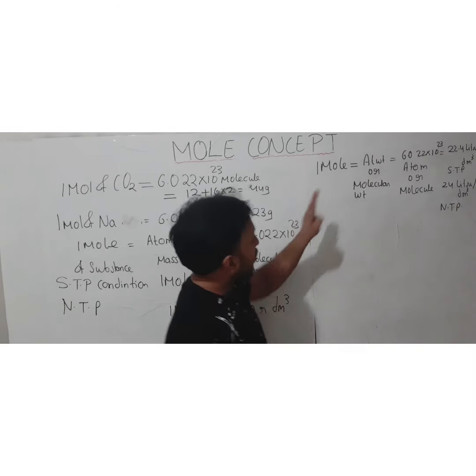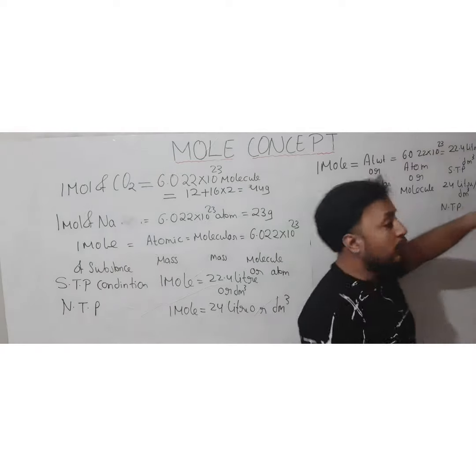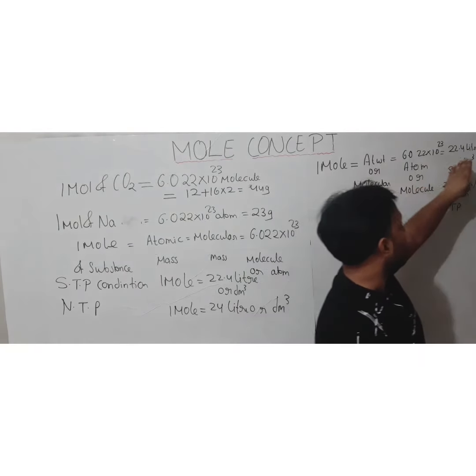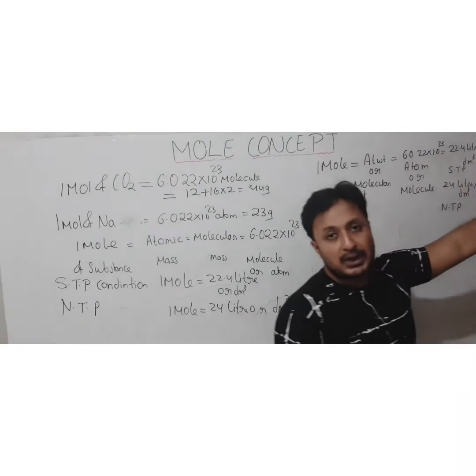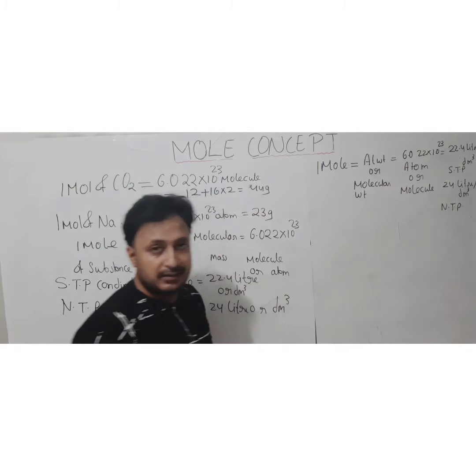So it means all these 4 quantities, mole, mass, number of atoms or molecules, and volume, are related with each other like this.